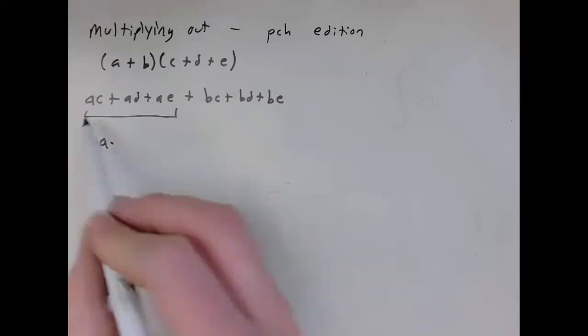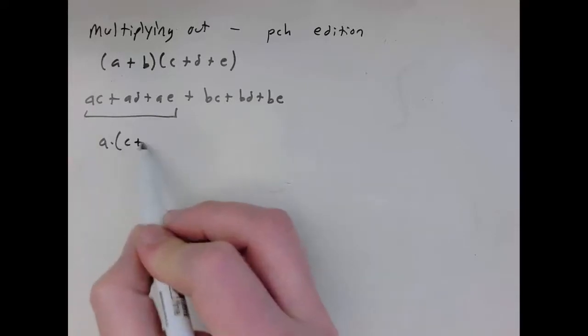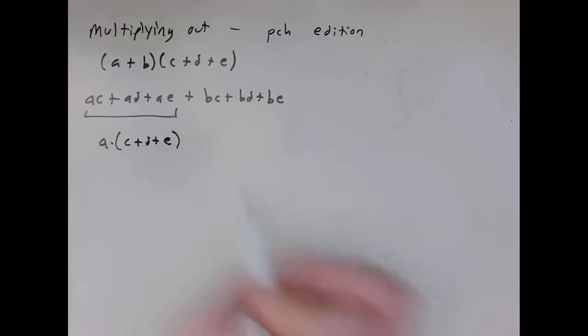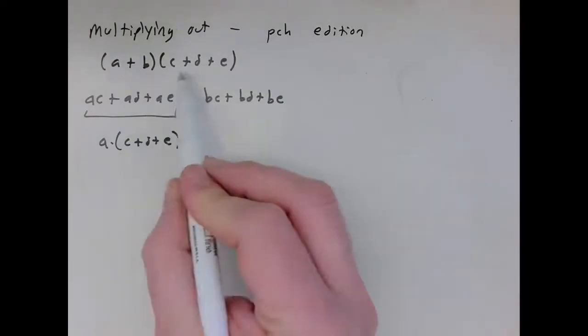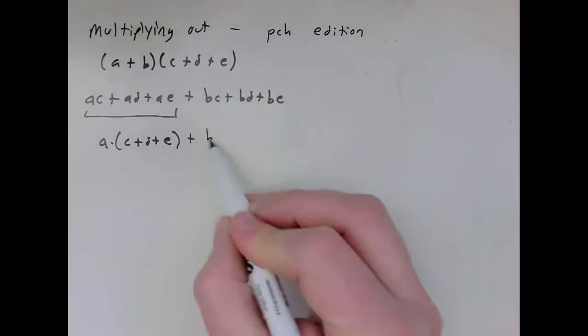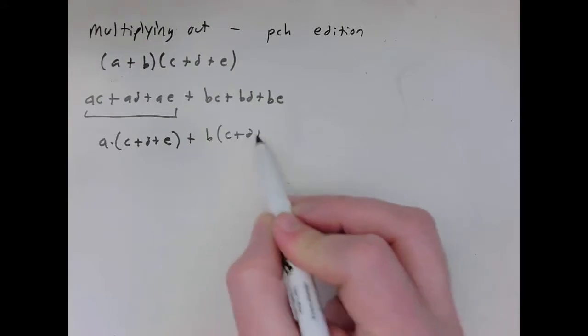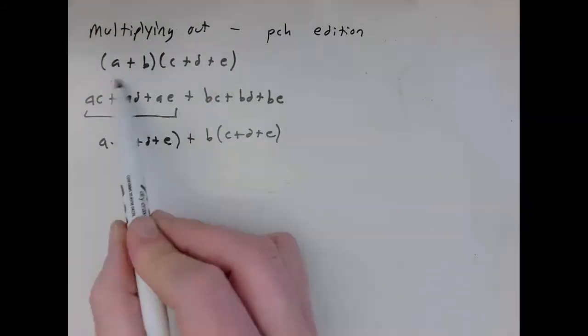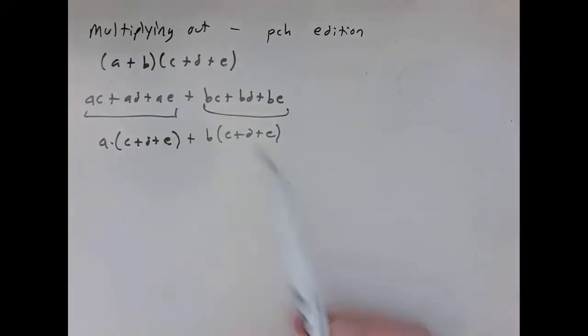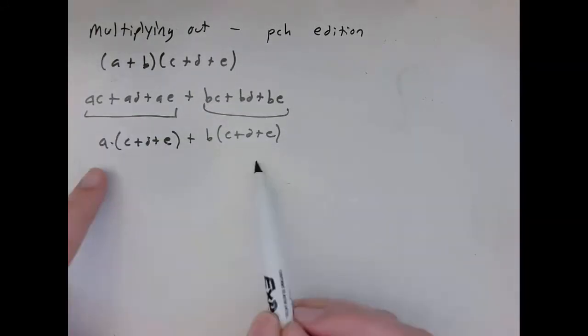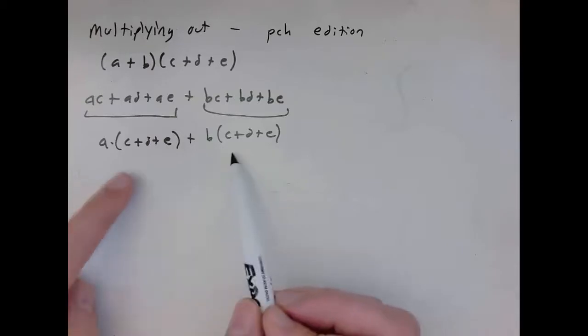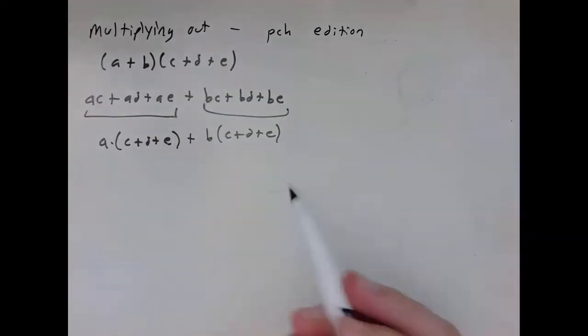So literally saying a times all these things, c plus d plus e. And then to that we'll add b times all these things, which is the same as b times c plus d plus e. So you could multiply it all out and then realize that you can factor out the common terms, and so now you've grouped them. So this is almost like factoring by grouping in reverse.